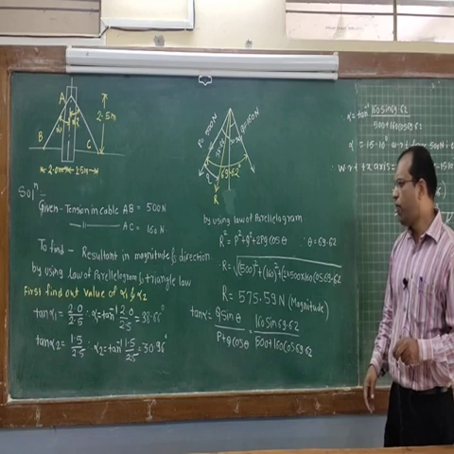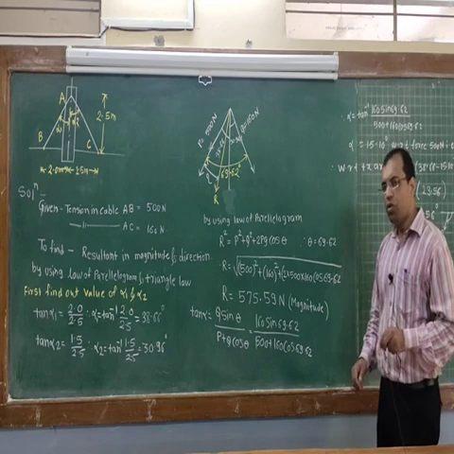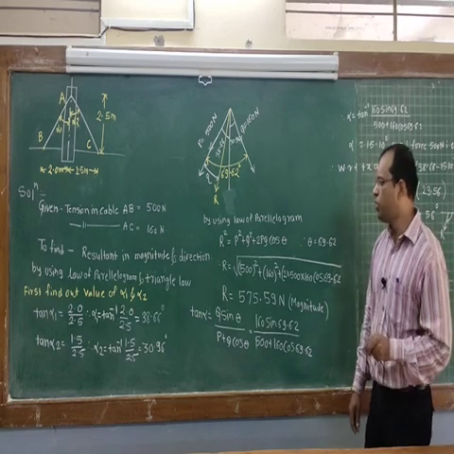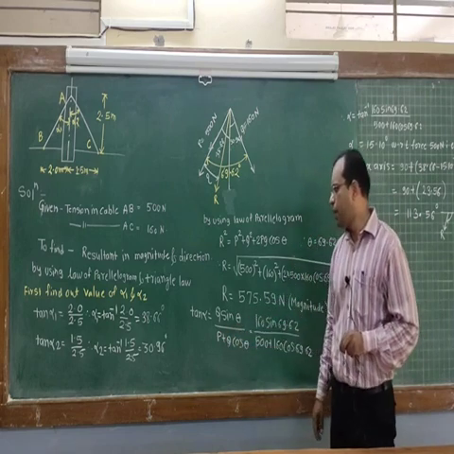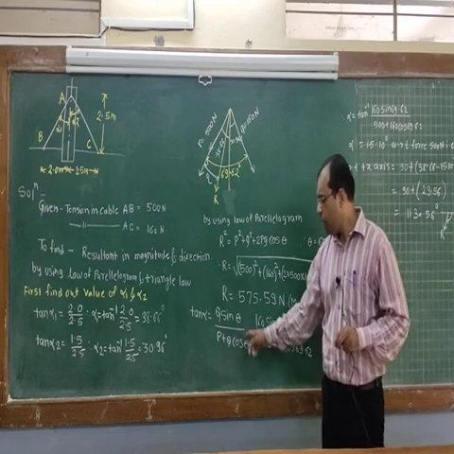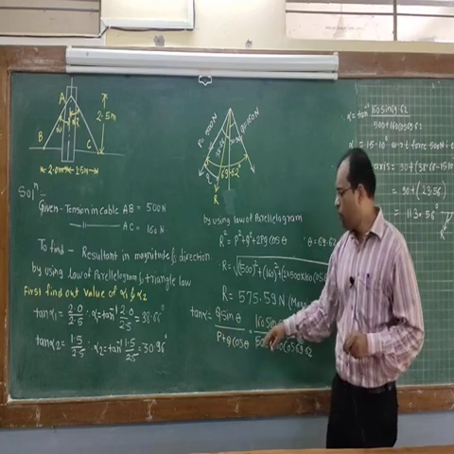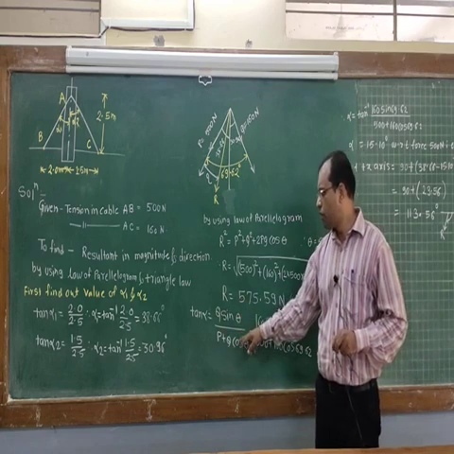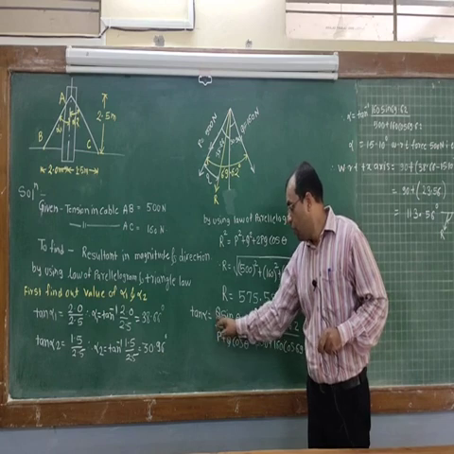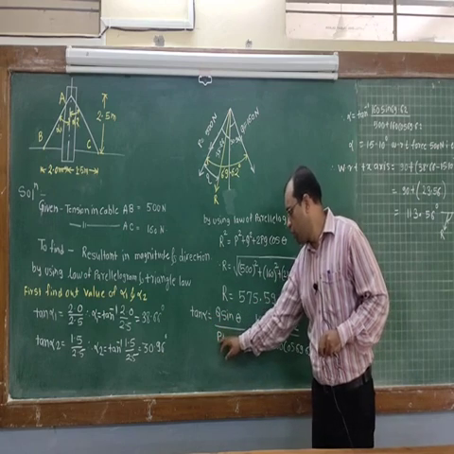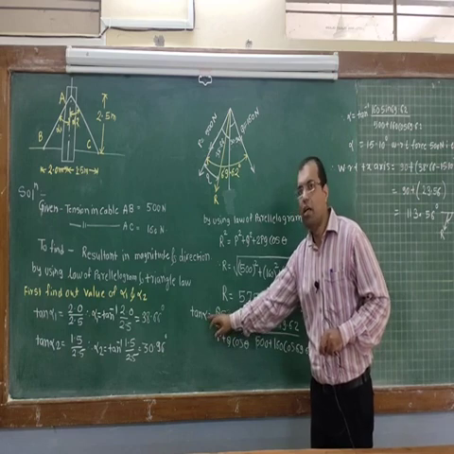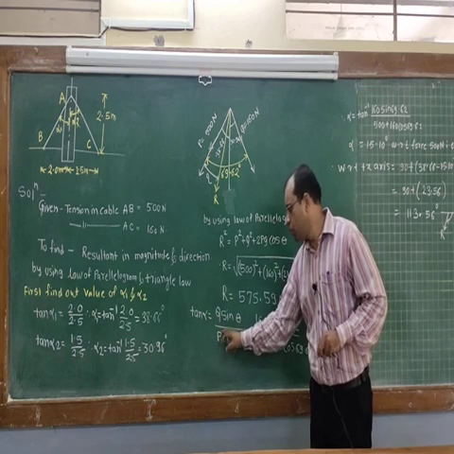Again, in order to find its direction, we have the formula tan alpha is equal to Q sin theta upon P plus Q cos theta. If you substitute all the values in this formula, you will get alpha with respect to P. Whatever this notation, you will get the angle or the direction with respect to this force only.